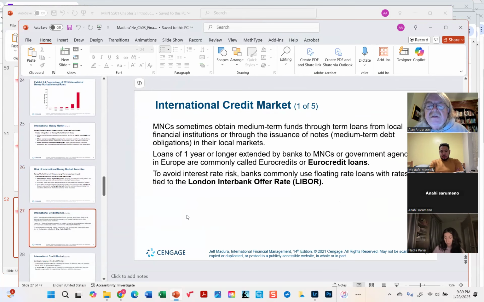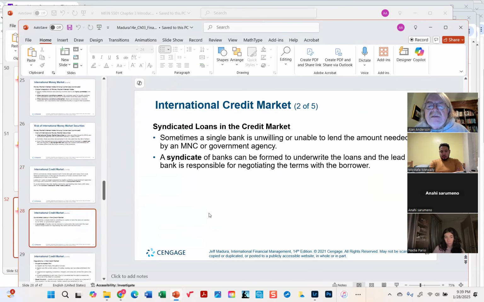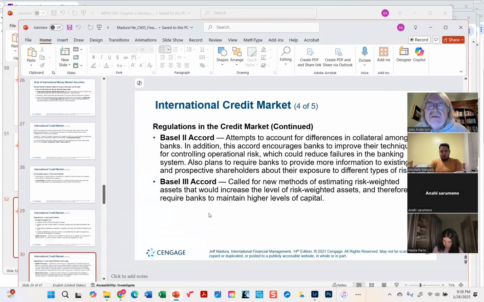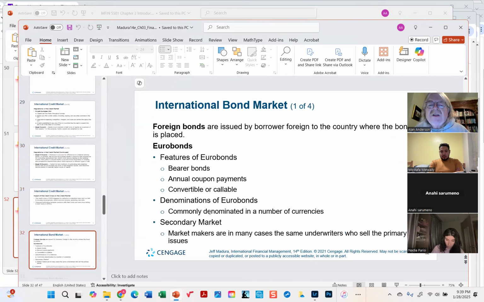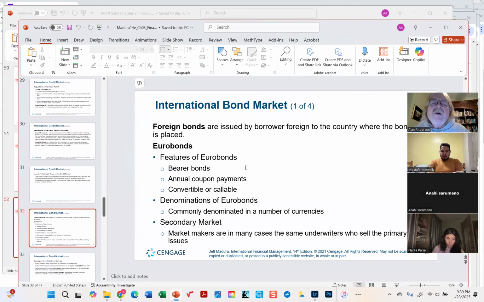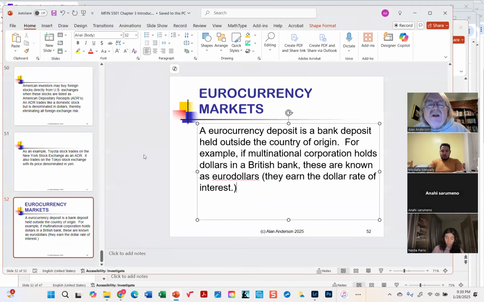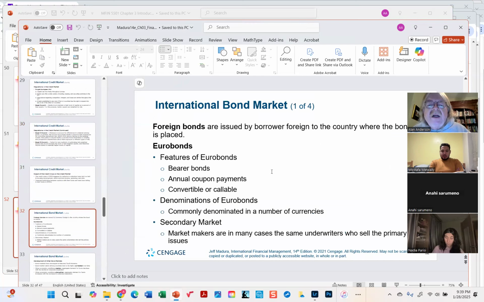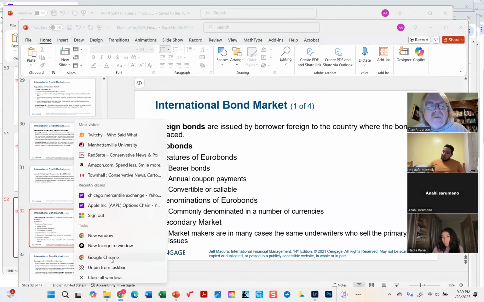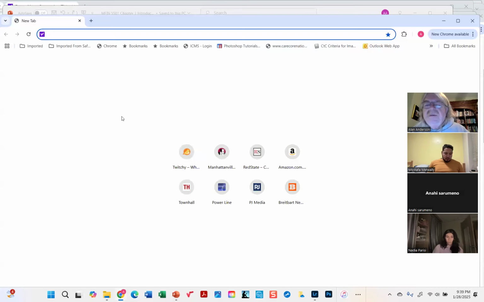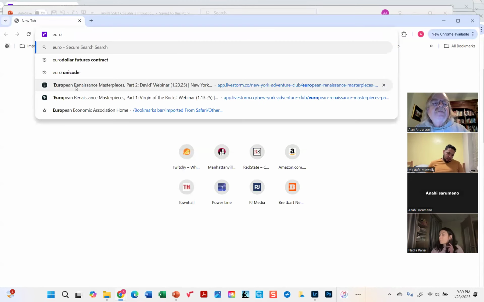Let's see. Looking for something. Oh, here we go. Closely related to the Euro currency markets, we have the Eurobond markets. Let me go find the formal definition. These are bonds issued outside the country of origin.